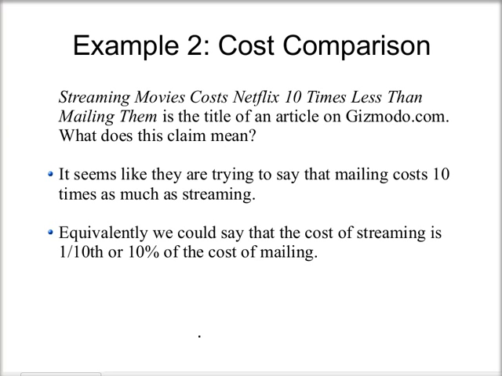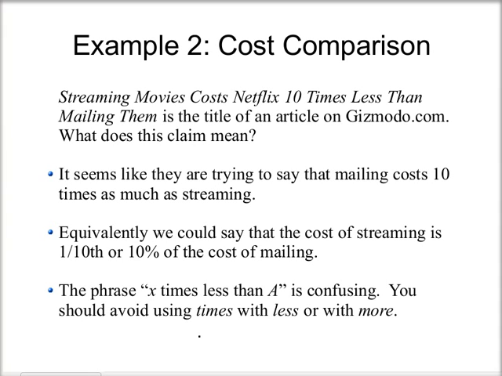Equivalently, we could say that the cost of streaming is 1/10 or 10% of the cost of mailing. And in general, you want to avoid using phrases like X times less than A, which can be confusing, and also X times more than A. It's also confusing.